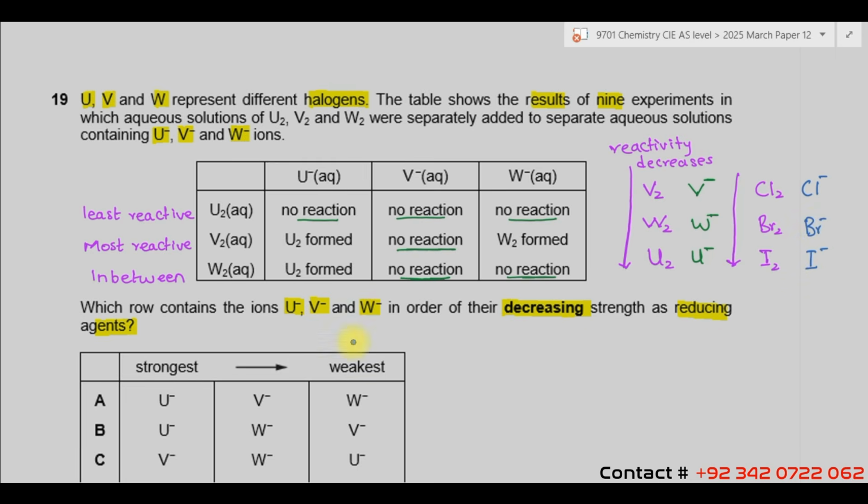Now let's look at the reducing agent's strength. So reducing agent means which is itself oxidized or which gives away electrons. So among these three we can see iodide gives away electrons the easiest. So we can say that iodide is the strongest reducing agent.